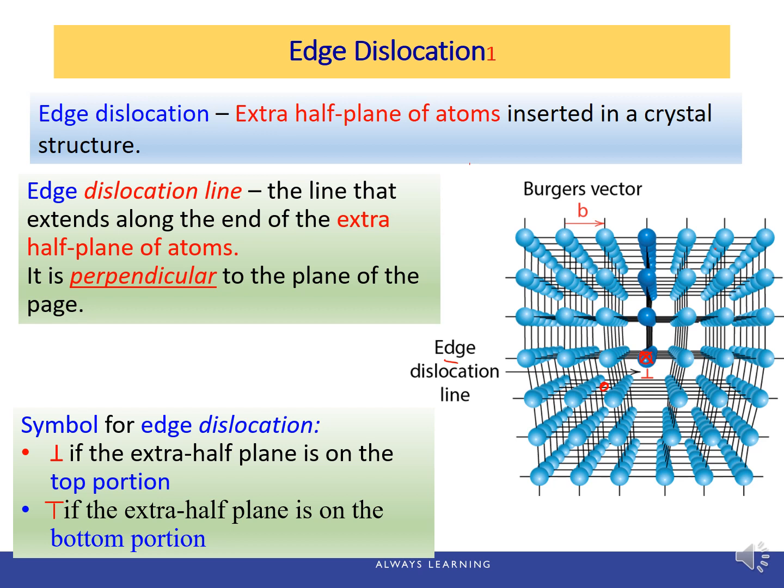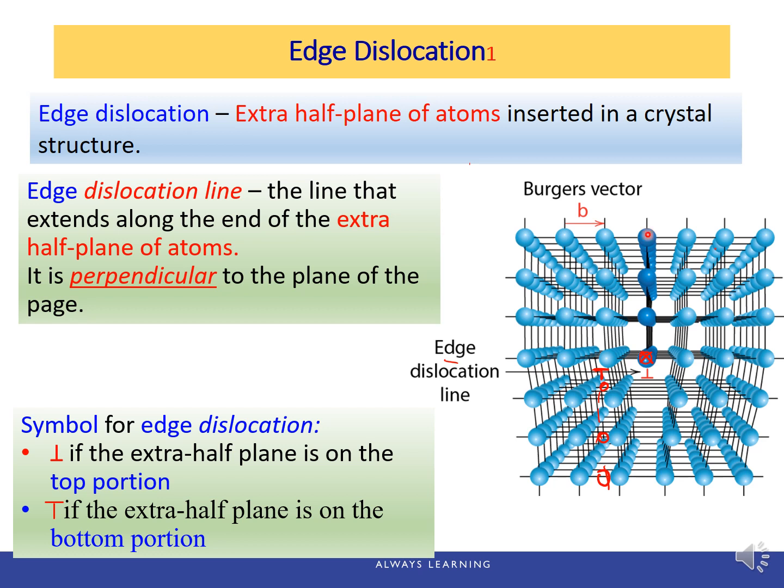We have another extra half plane of atoms, but it's on the bottom portion of the crystal. In that case, we use a symbol in the opposite orientation, like that. Again, the vertical line part of this symbol indicates the extra half plane of atoms, and the horizontal line represents where this half plane stops within the crystal structure.